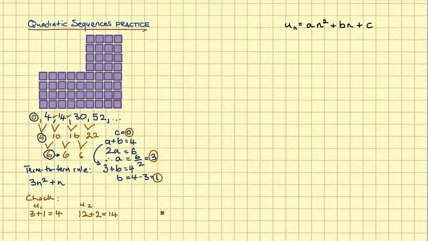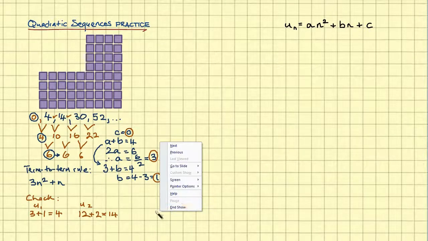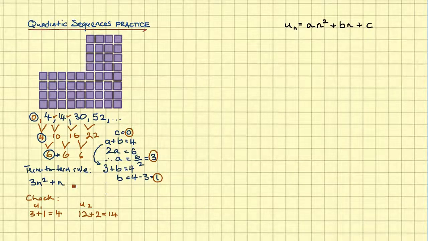So 12, and then 12 plus 2 gives us 14. And again, our second term is 14. Therefore we say our term to term rule here must be correct.